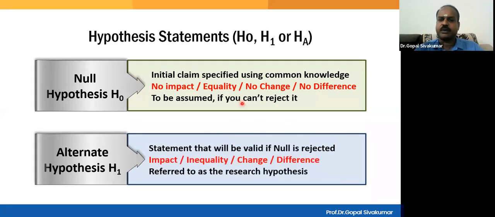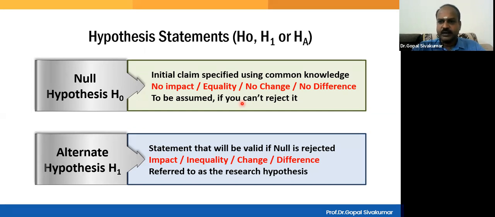And then alternate hypothesis. This is the statement that will be valid if the null hypothesis is rejected. Somebody carries evidence, carries data based on experimentation. Now you will reject your null hypothesis, right? And then you will start believing in the experimental study. So alternate hypothesis is the statement of impact or the statement of inequality.